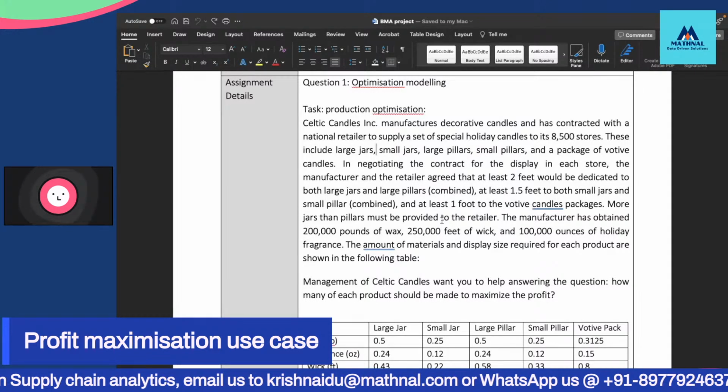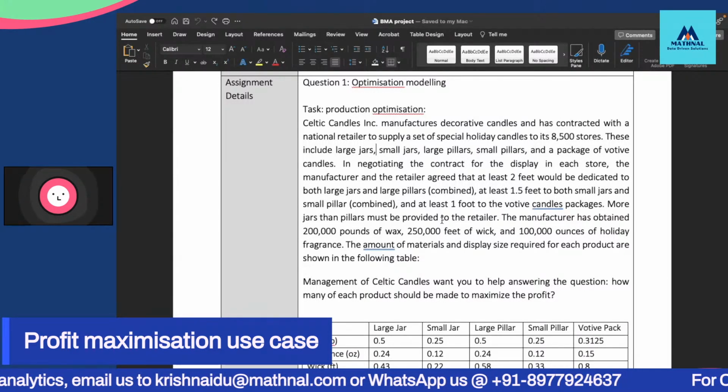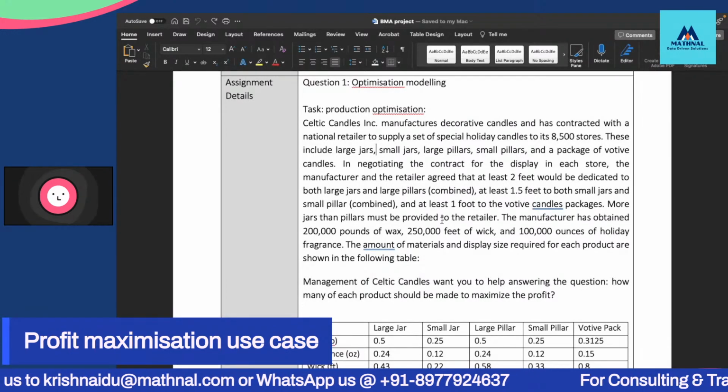Okay, the manufacturer obtains 200 of wax, 250,000 feet of wick, 100,000 ounces of holiday fragrance.